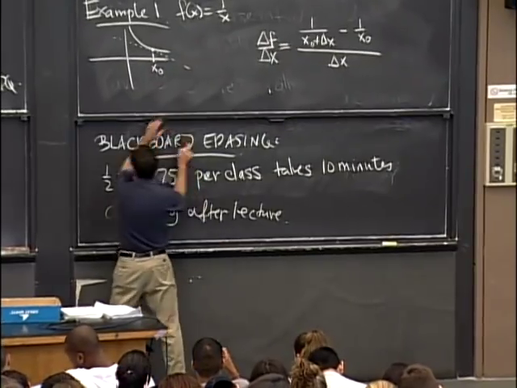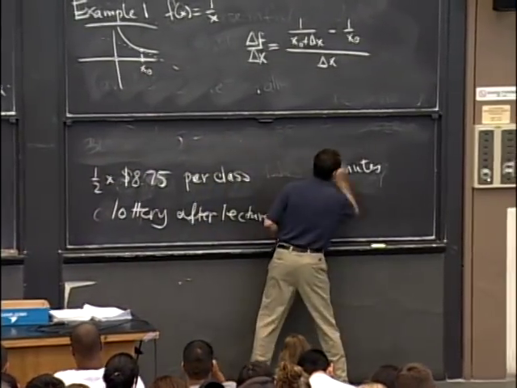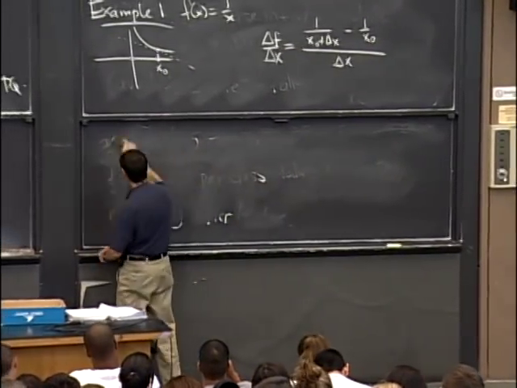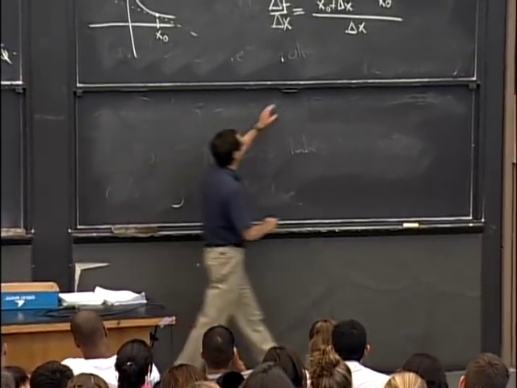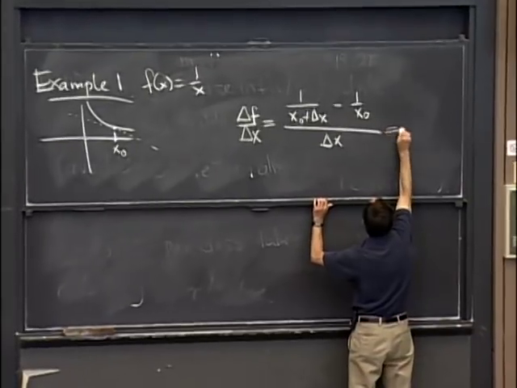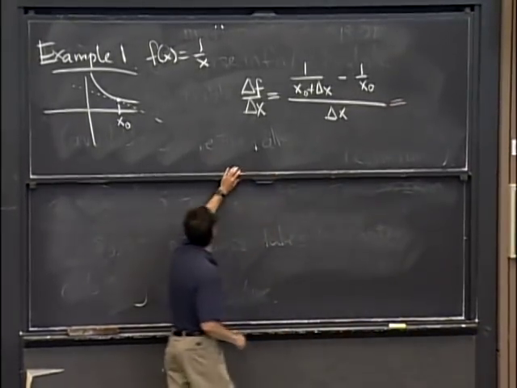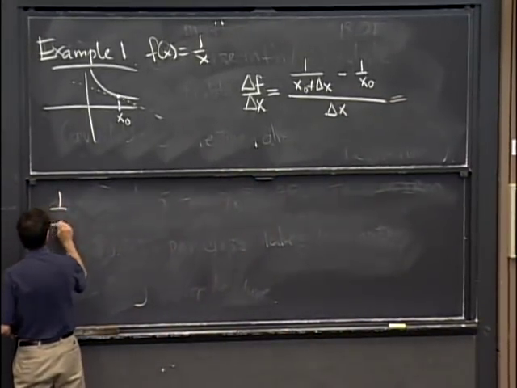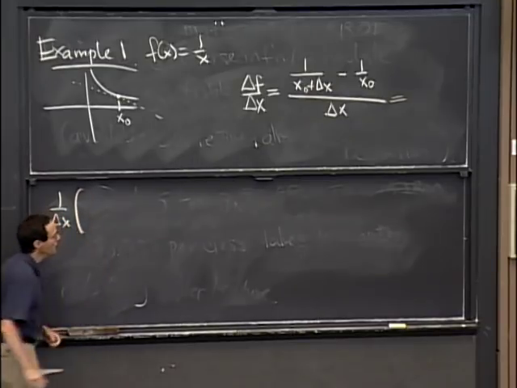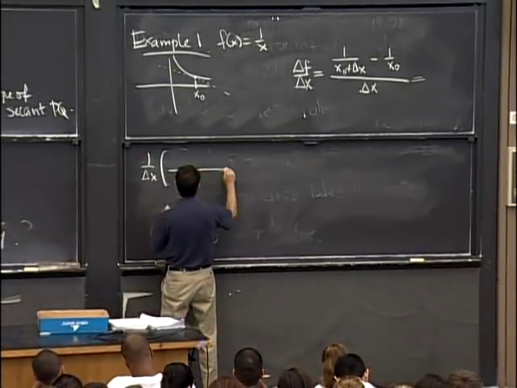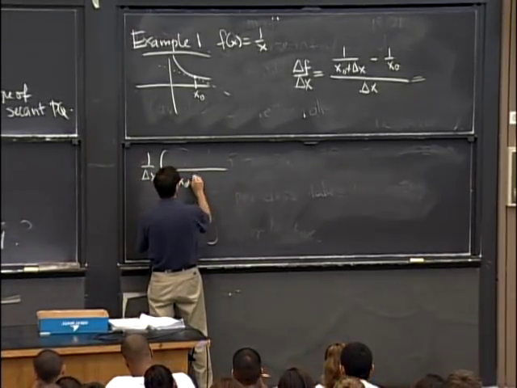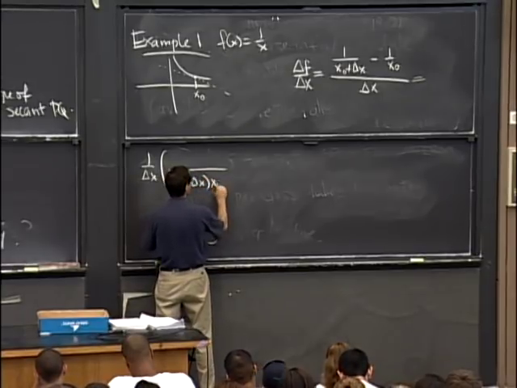Okay, so now we're going to simplify it by some algebra. So this is equal to 1 over delta x times, now all I'm going to do is put it over a common denominator. The common denominator is x0 plus delta x times x0.